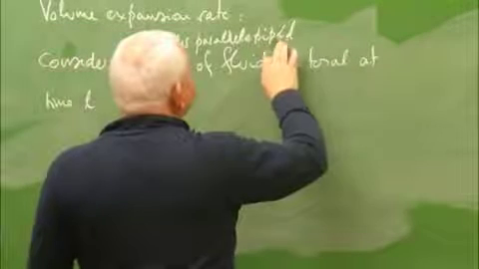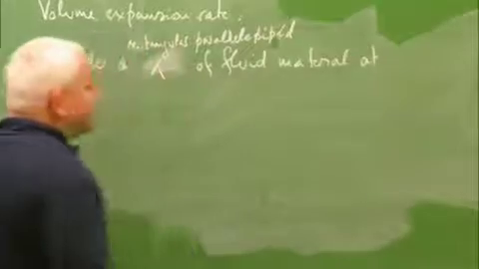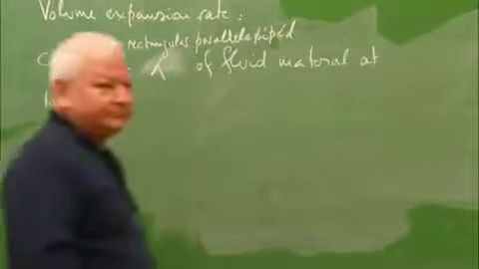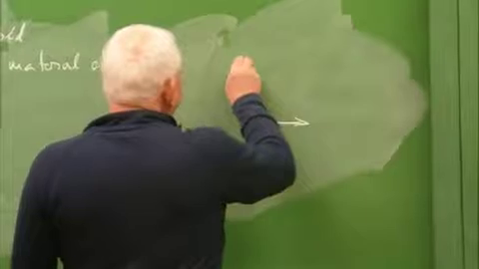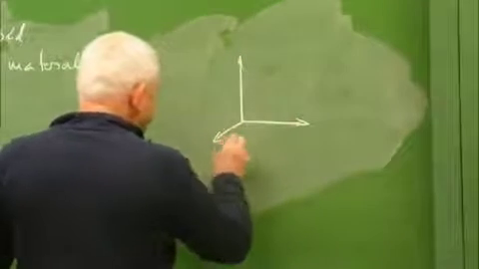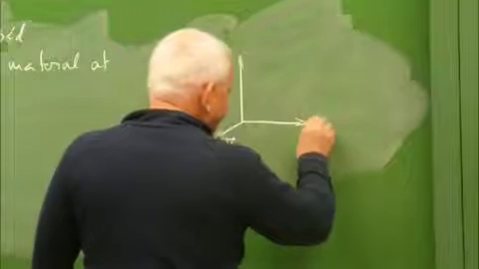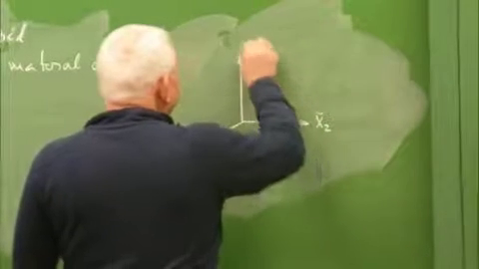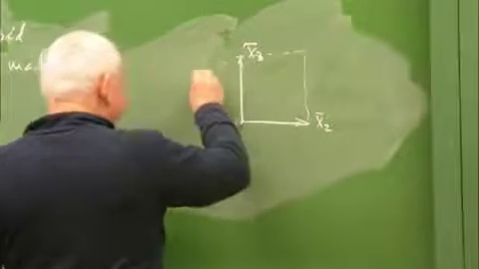What I've got here is something which is spanned by three vectors, which I will call imaginatively capital X1, X2, capital X3, and the one that I'm considering is that one.